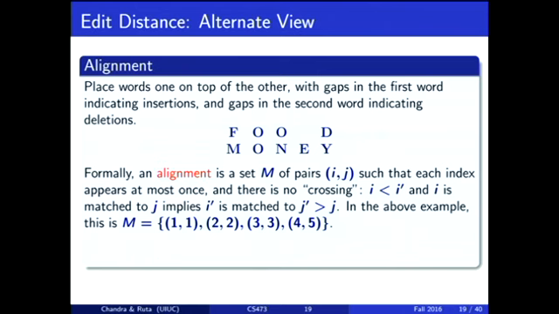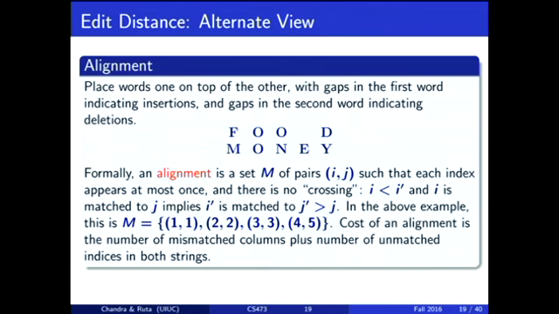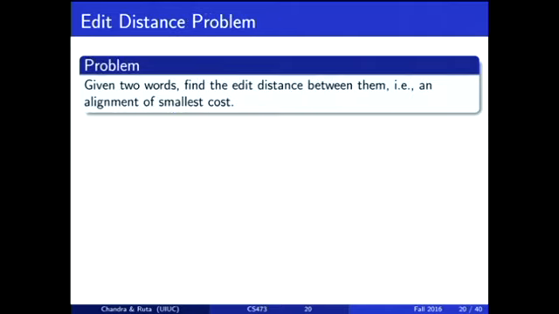Now the problem becomes, how do you compute it? Given two words, the edit distance between them is an alignment of the smallest cost, right? So how do we solve this problem? Okay, the key step is, let's think of a recursive algorithm for this problem.